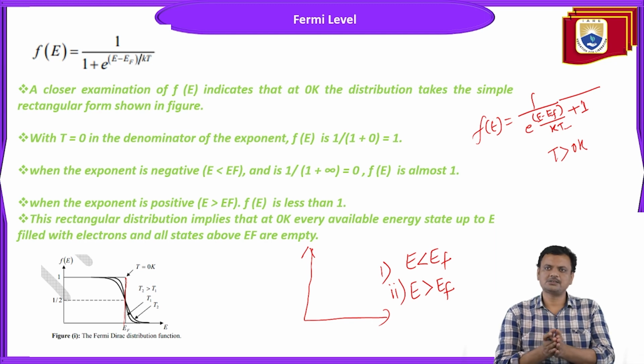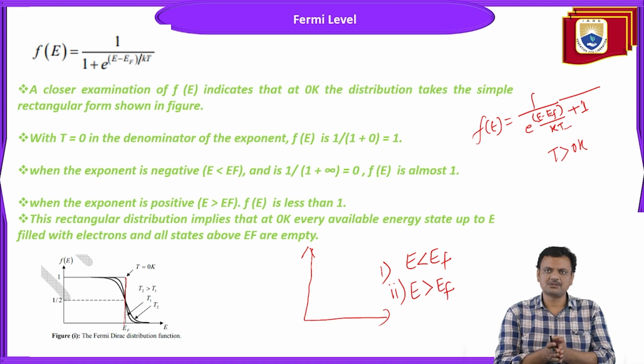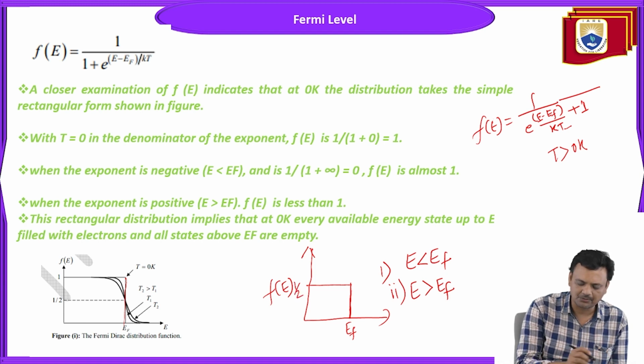So you have to switch your definition of Fermi level again. Now that level will be considered as the Fermi level where the chance of occupancy is 1 by 2. So if this is that energy level, EF, the corresponding F of E will be 1 by 2 at T greater than 0 Kelvin.